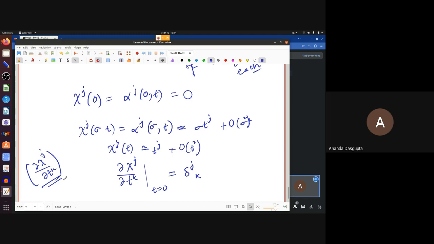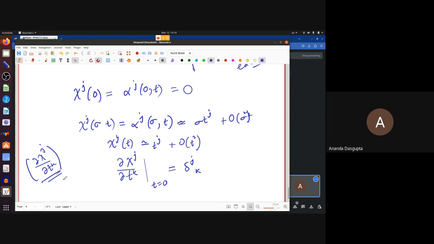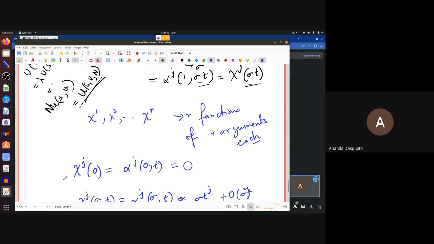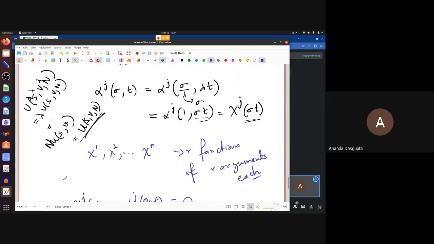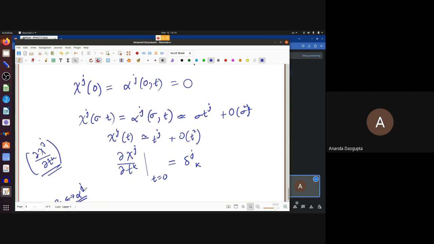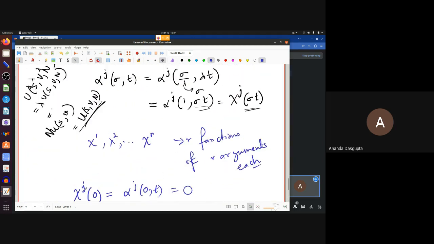Now this gives us something very important. It tells us, and this is going to be the central theme of what we have, that there will be a region around the neighborhood where, if you give me an A with coordinates alpha j, I should be able to find the t by solving this equation.